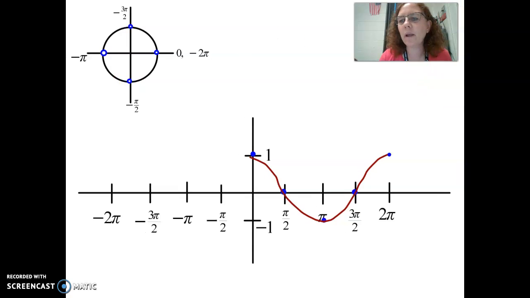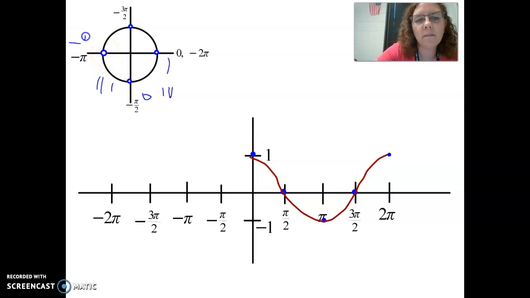And as I move around the circle, you can see that I'm going to start here at 1. Now this time I'm going to move clockwise. This time I'm going to move negative around the circle. So as I go from 1, I'm going over here to 0, and that's in the fourth quadrant. Here in the third quadrant, I'm going to go from 0 up to -1, right?